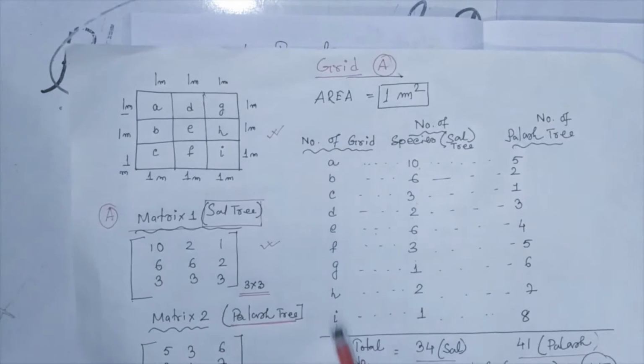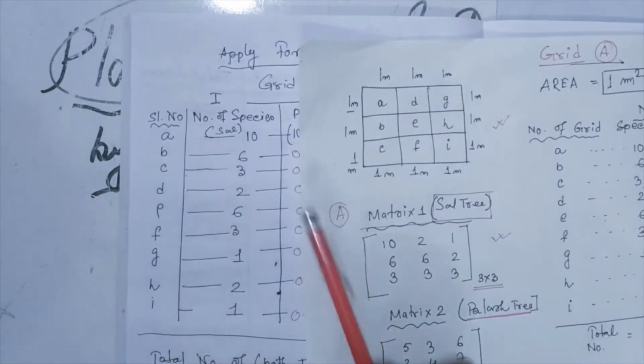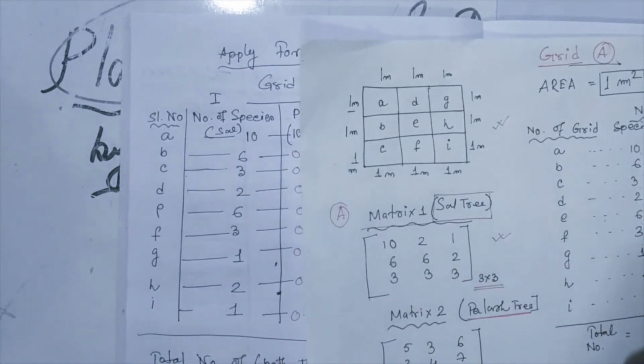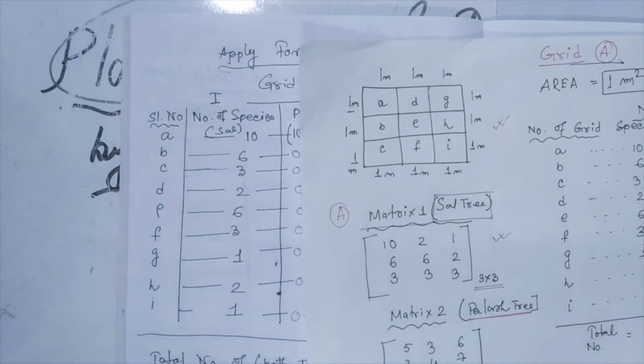We have arranged A to I, and I have identified the species number 1, that is saltry. We have to calculate the Shannon index for the sal species. Separately, we have to calculate the Shannon index for species number 2, that is the Pollash tree.